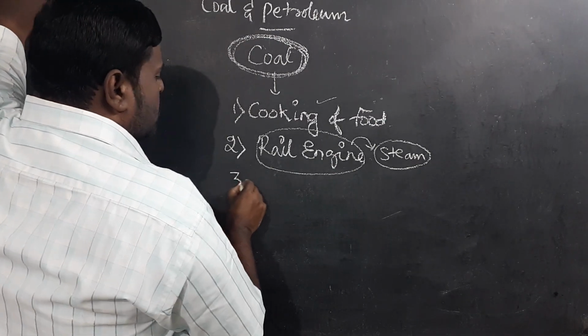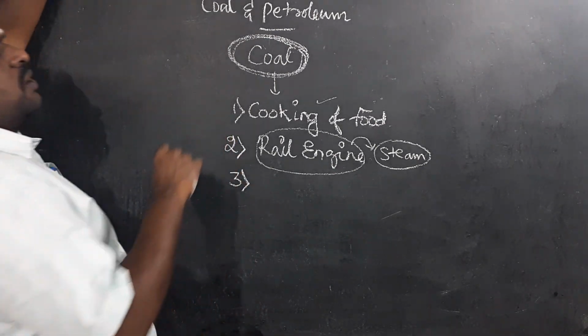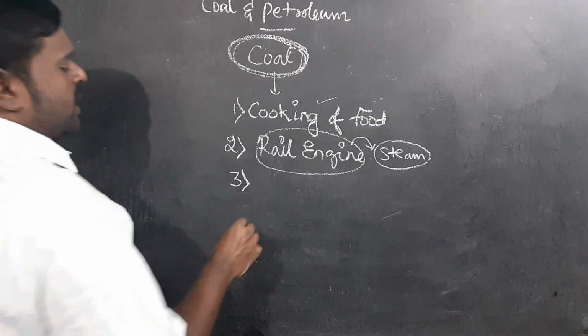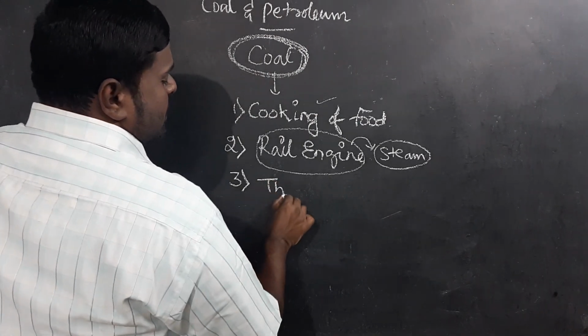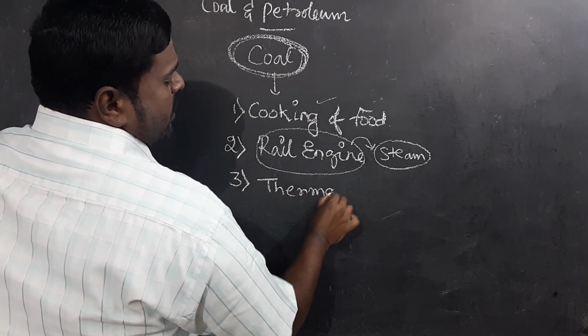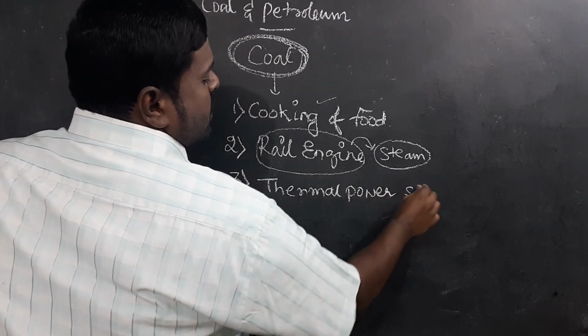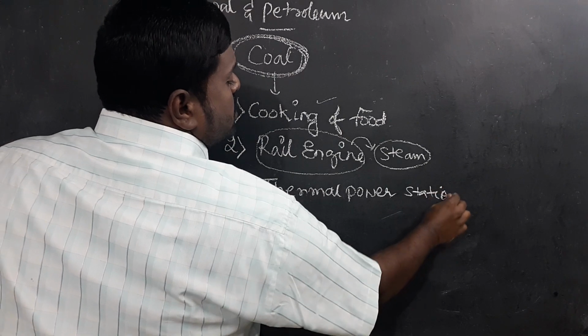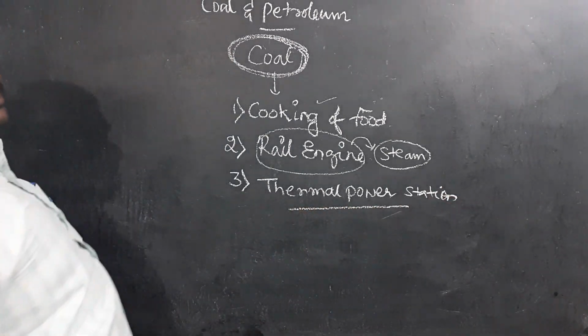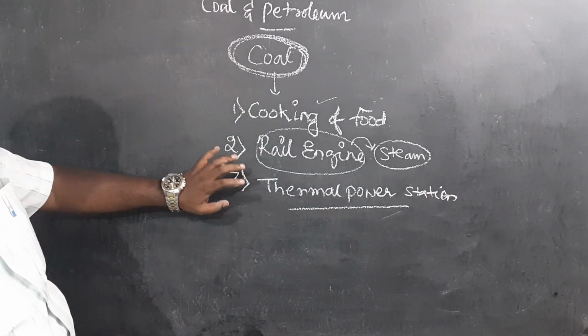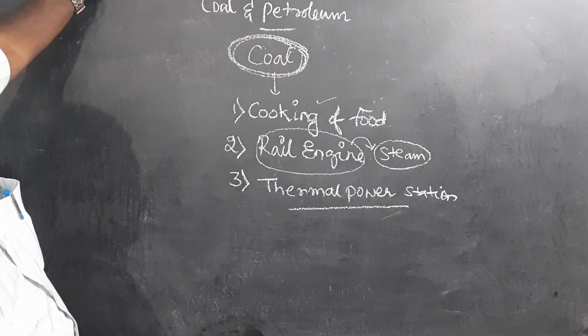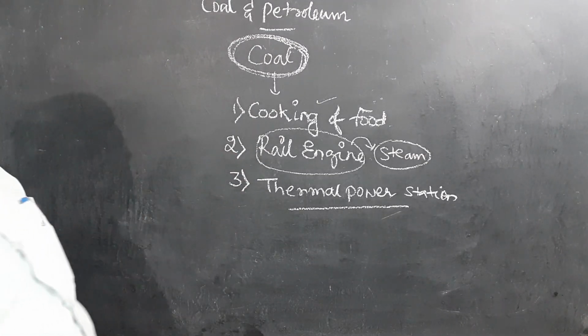Okay. Now, what is the third use of coal? Definitely it is used in the production of electricity in thermal power stations.